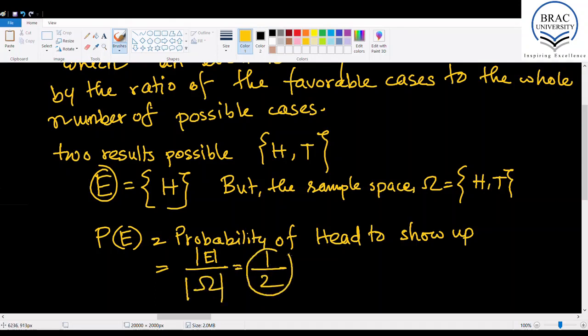When this half is converted to percentage, we get 50%. So that's why we say it's a 50-50 chance.